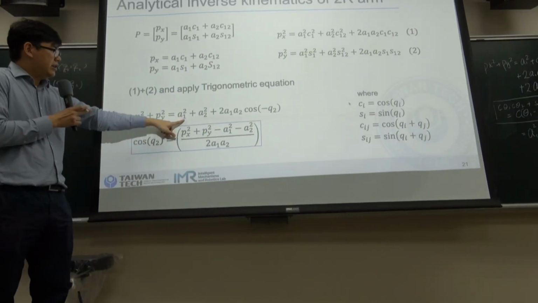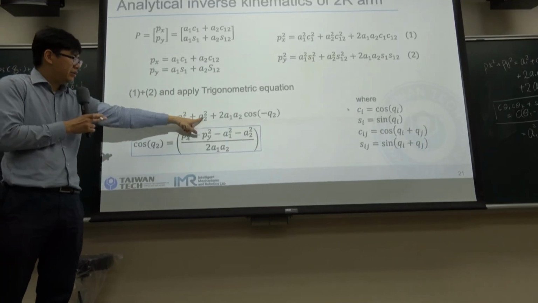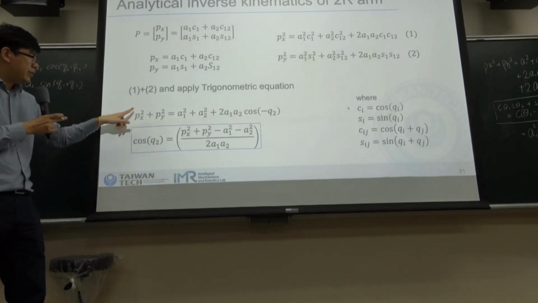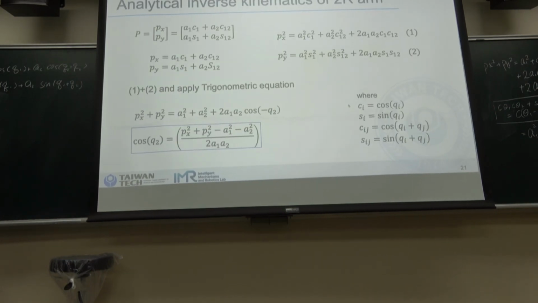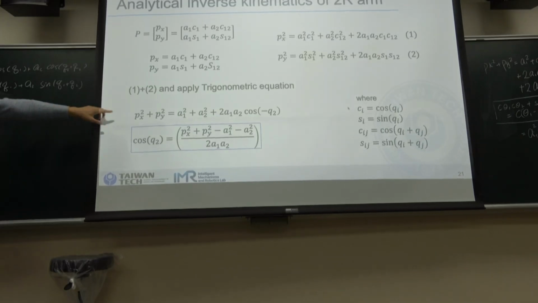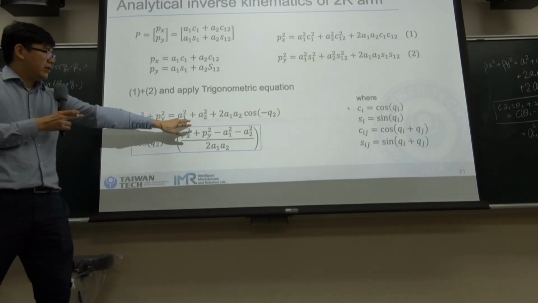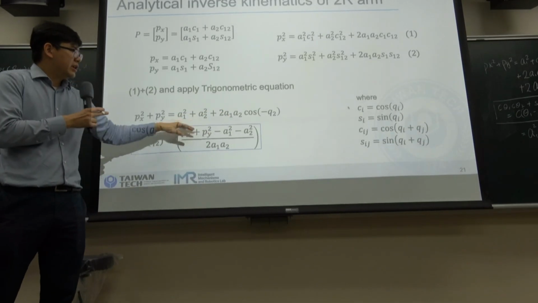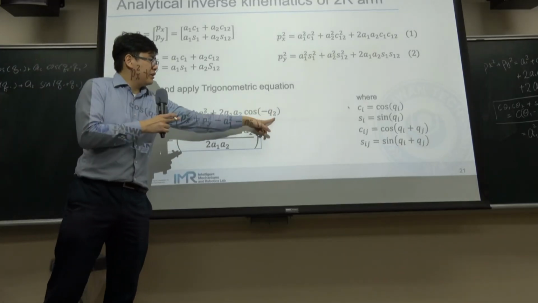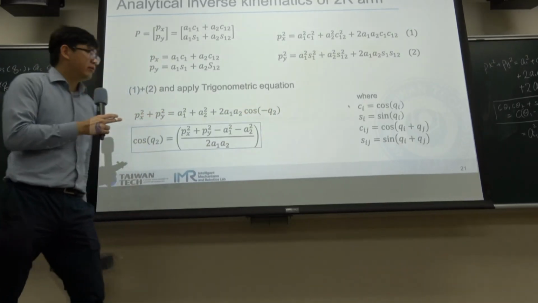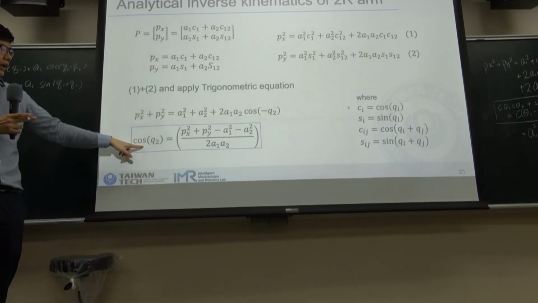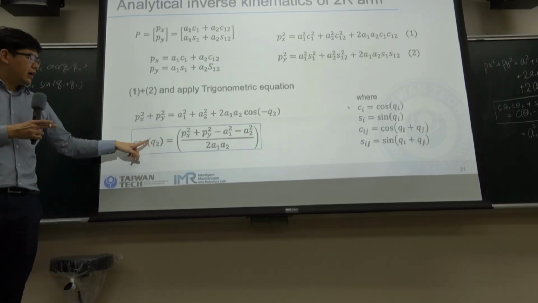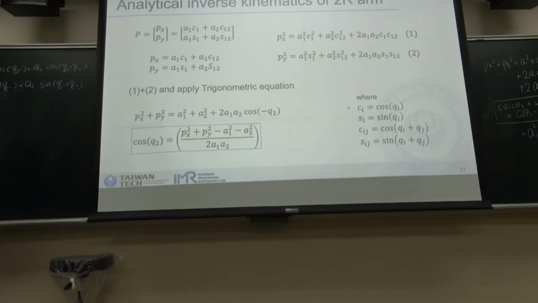So a1 is a link length, a2 is also a link length, and Px, Py are the given variables. So these two are given, and we know the link lengths. So the only variable is q2. Through the law of cosines, we can get the value of q2.